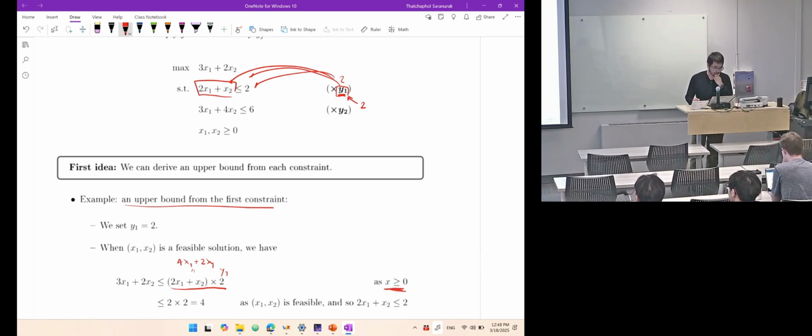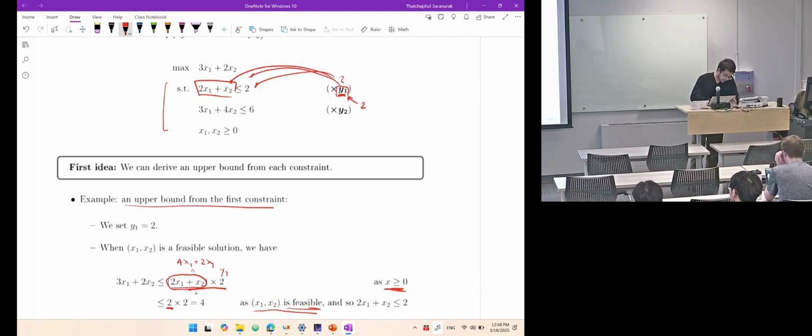But we also know that this thing is at most 2, just because as long as x1 and x2 are in this feasible region, this thing must be at most 2.